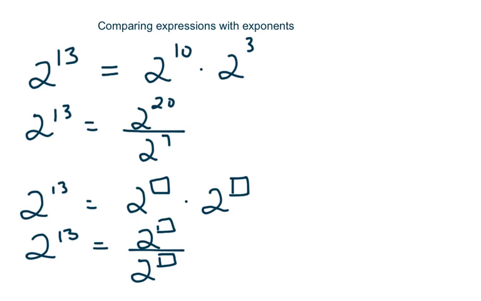Next, moving on to comparing. If we have 3 to the 6th, and we want to compare it to 3 squared times 3 to the 3rd.